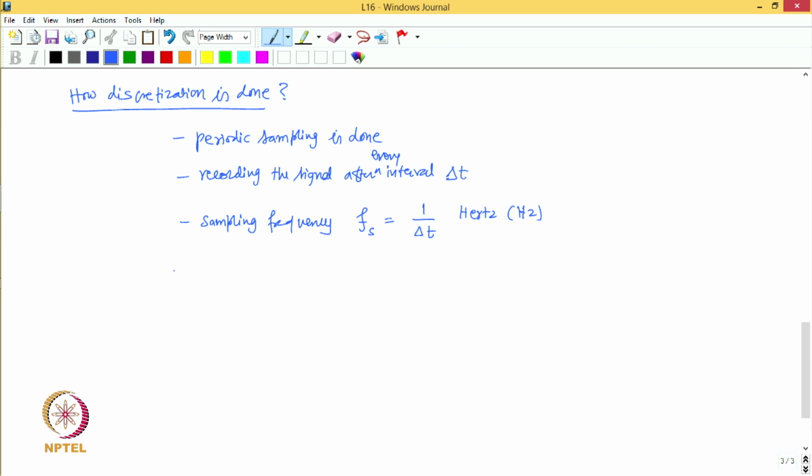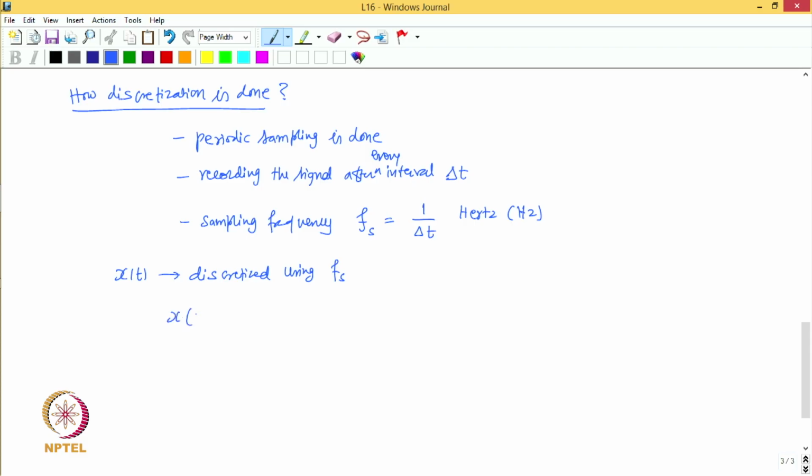Therefore, if a continuous signal x of t is discretized using frequency fs, it is going to lead to discrete samples of the signal. Let us say the samples are recorded over a length of time capital T, and there are n samples over that period.